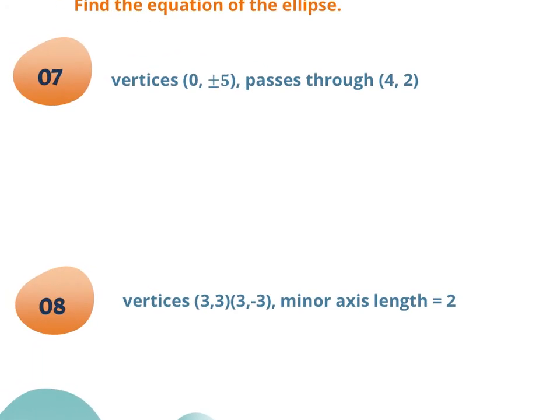Let's look at it again. See what we can set up. Vertices, 0 and plus and minus 5. Where's the vertices going? Up and down or right and left? Up and down. 1, 2, 3, 4, 5. Down 1, 2, 3, 4, 5. Did I give you a center this time?